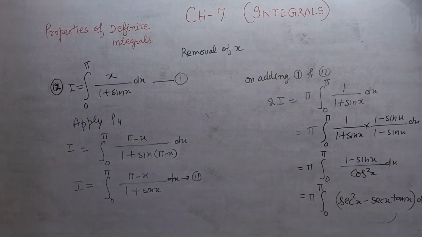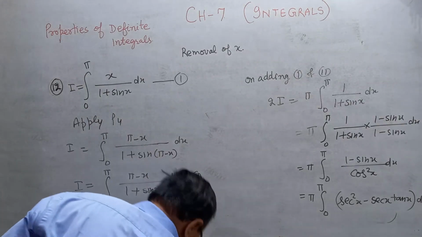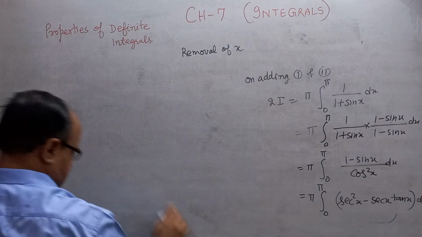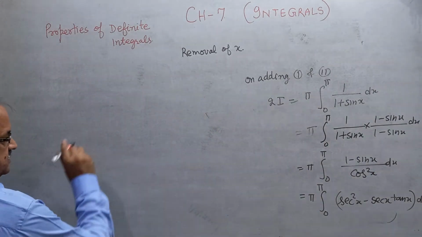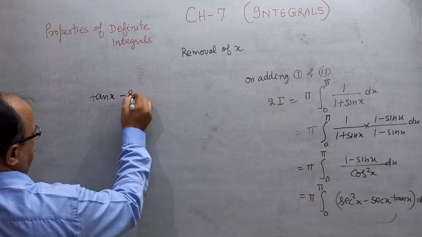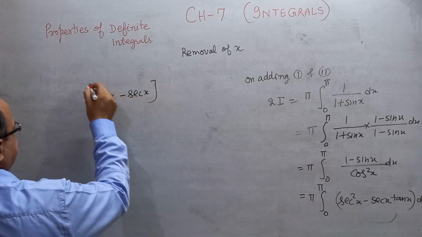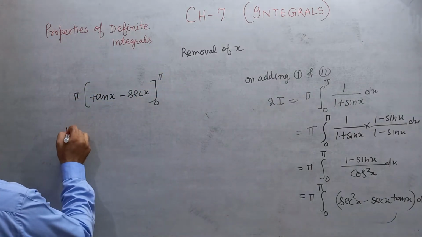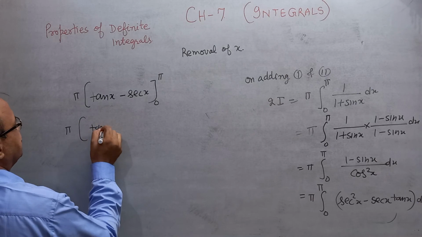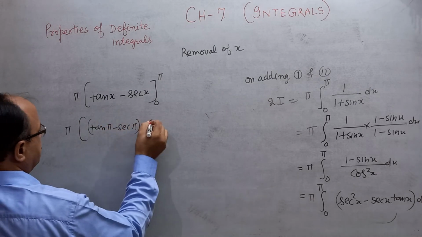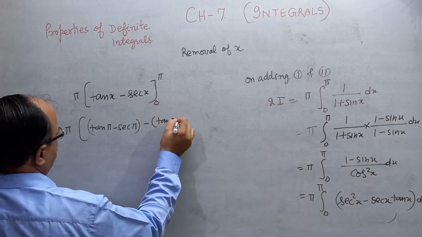The integration of sec square x, you know very well, is tan x, and of sec x tan x is sec x, from 0 to pi. Put tan pi minus sec pi, and put tan 0 minus sec 0.